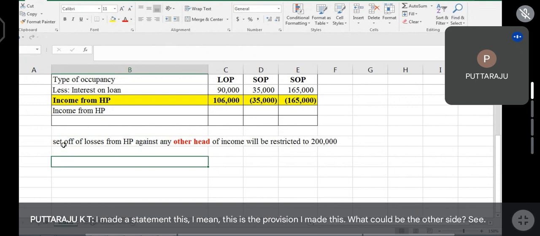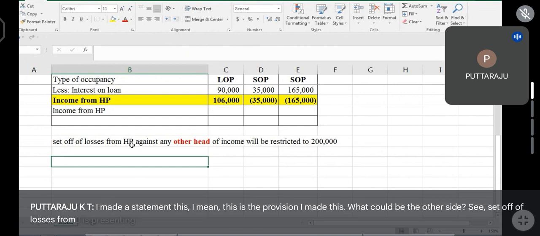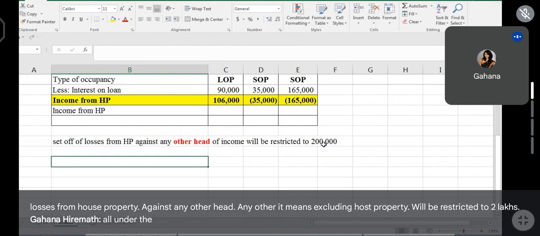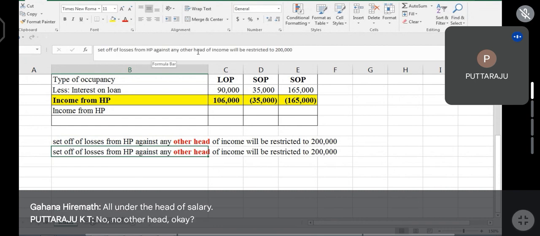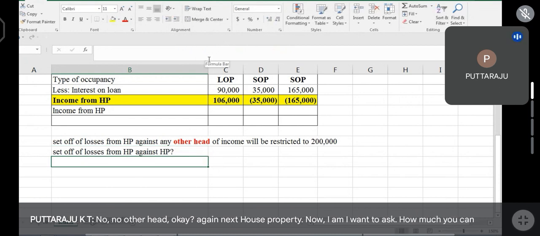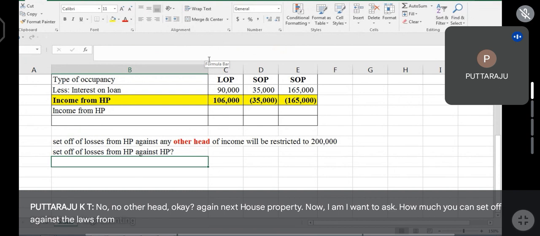See, set off of losses from house property against any other head, any other head means excluding house property, will be restricted to 2 lakhs. Now I want to ask how much you can set off for loss from house property against house property.